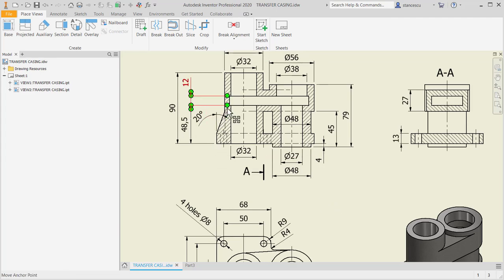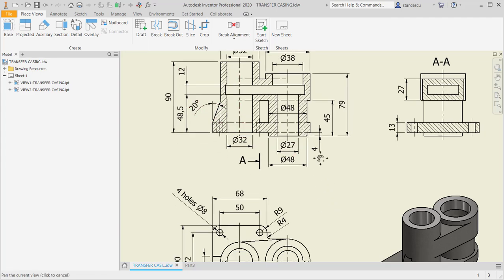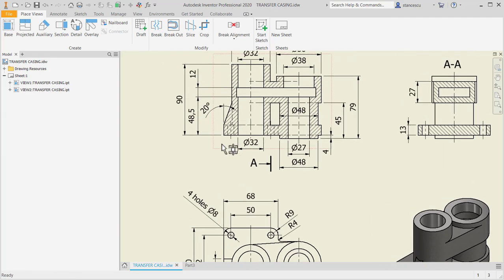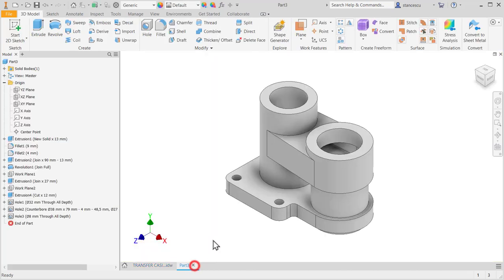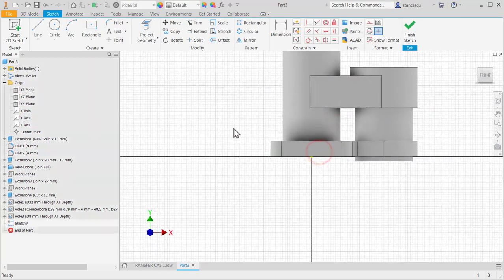Yes, there is a rib here. Let's create this rib. The only dimension is 20 degrees from this point. Nothing simpler. Let's take a look inside.